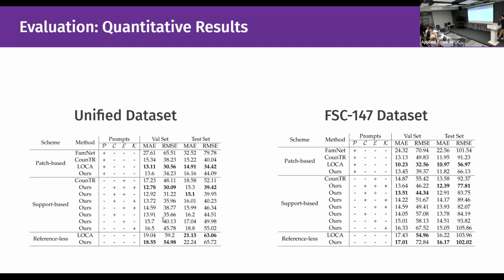In the support-based mode, our model significantly outperforms the counting transformer.